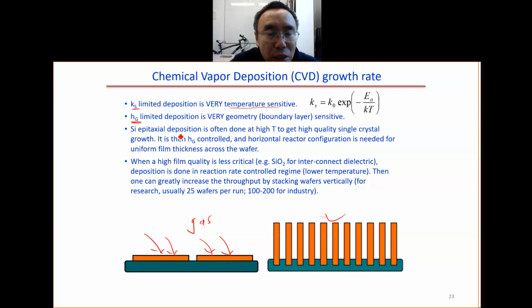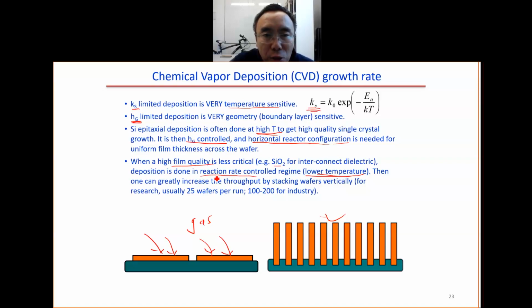For silicon epitaxial deposition, we normally need a high temperature. When we have high temperature, this term becomes large, and it becomes Hg limited, mass transport limited, Hg controlled. Then we need a horizontal reactor configuration to have uniform film across the wafer and between the wafers. When the film quality is not critical, for example an amorphous film, we can use lower temperature, and this term becomes smaller.